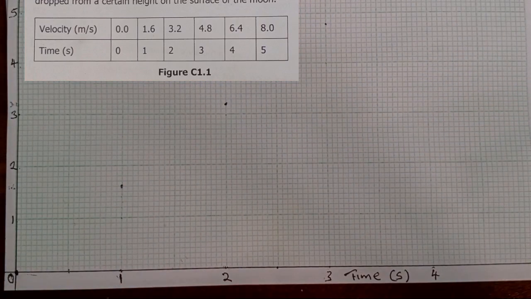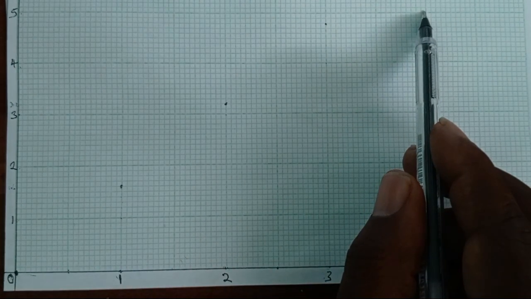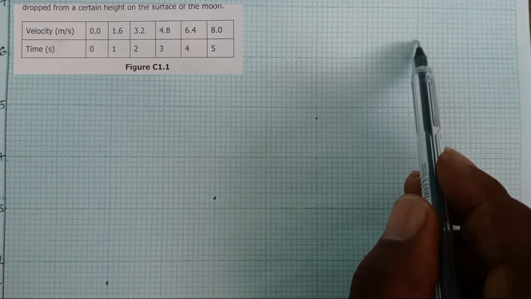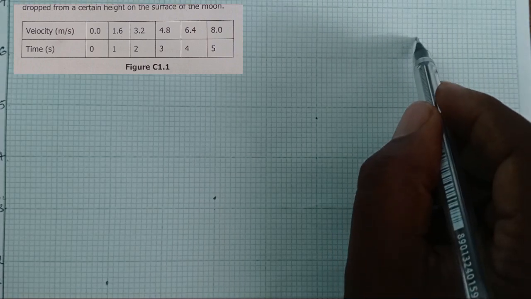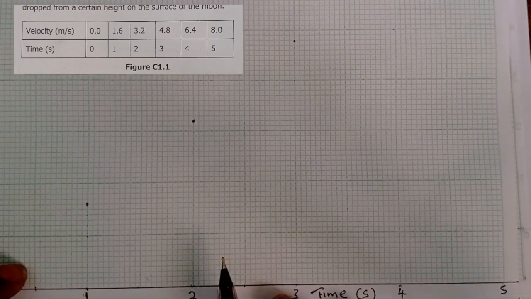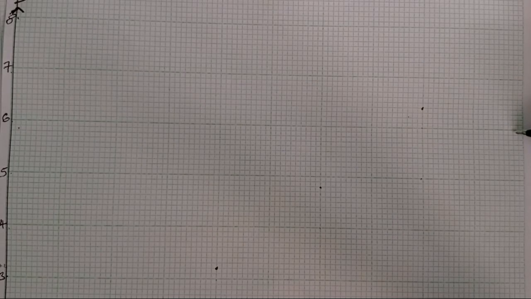Then we have 4, 6.4. So 4, then 6, 6.1, 6.2, 6.3, 6.4. That is our 6.4. Then the last one is 5, 8: 6, 7, 8.